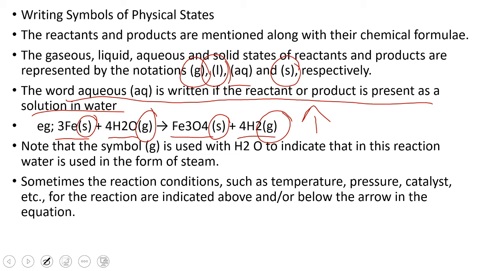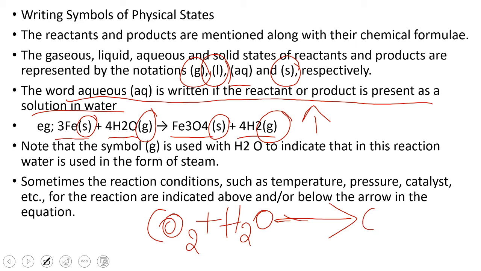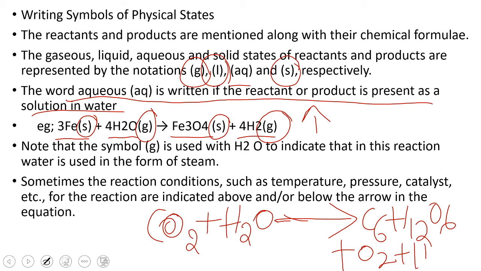Sometimes the reaction conditions, like for example, if we go to photosynthesis equation, what will we write? Carbon dioxide reacts with water to give rise to glucose, C6H12O6, plus oxygen is liberated plus water is liberated.